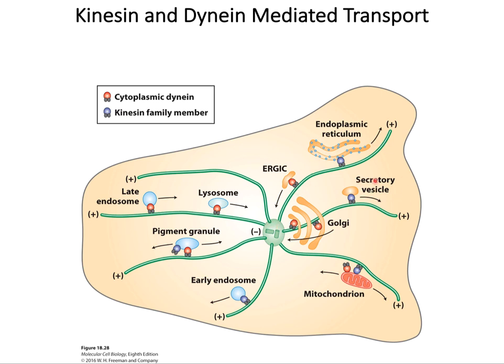And there are even some organelles that are associated with both motor proteins. For example, the mitochondria is associated with both a kinesin and a dynein, and it can move in either direction along the microtubule. So you can see that the cells can regulate vesicle trafficking, and it can organize all of the organelles within the cell.